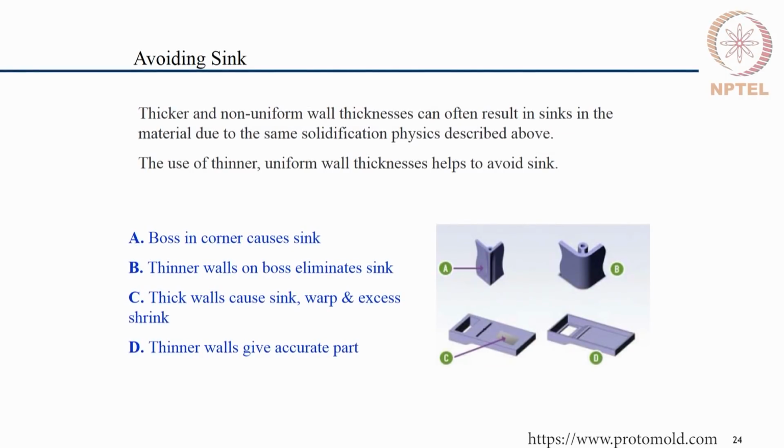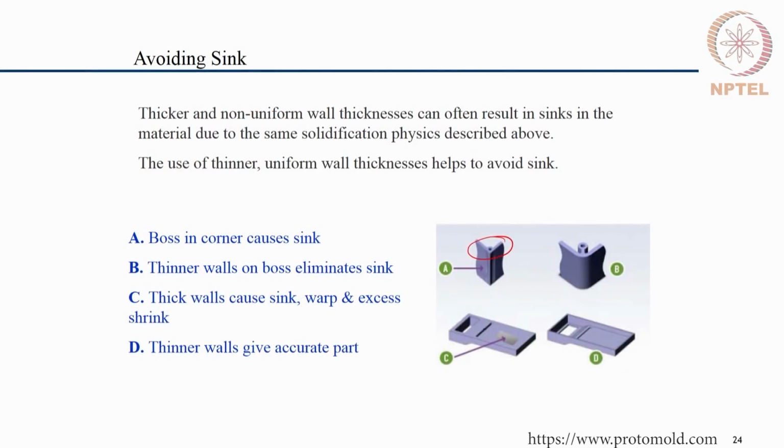To avoid sink marks, one can use uniform wall thickness as far as possible. Wherever it is not possible, one has to put design features that will help in maintaining uniform thickness. As we can see over here, there is a corner feature because of which there is a change in the thickness, causing the sink mark.